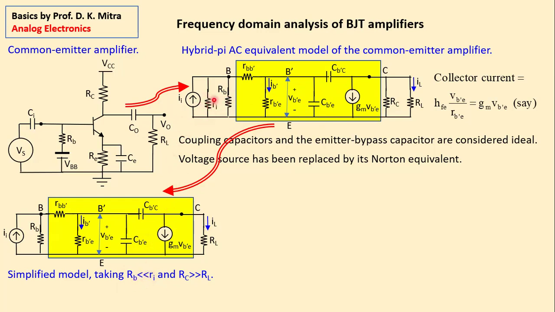If Ri is much higher than RB, then Ri and RB in parallel are almost equal to RB. You know that. If Ri is much higher than RB, then their parallel combination is RB only. And this is RB. This is one simplification we have done.